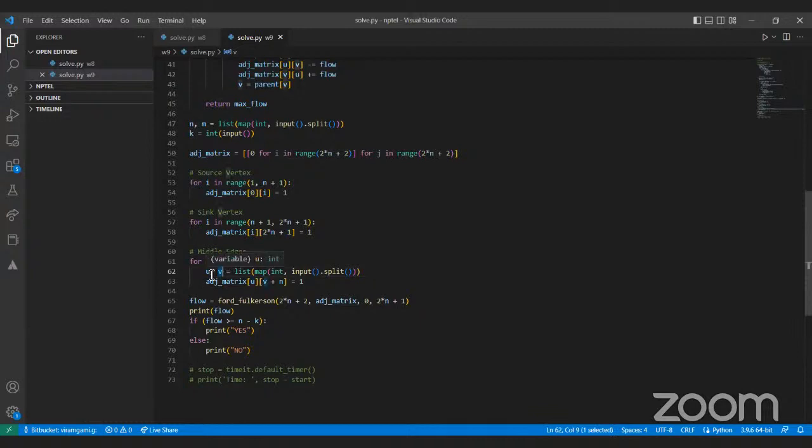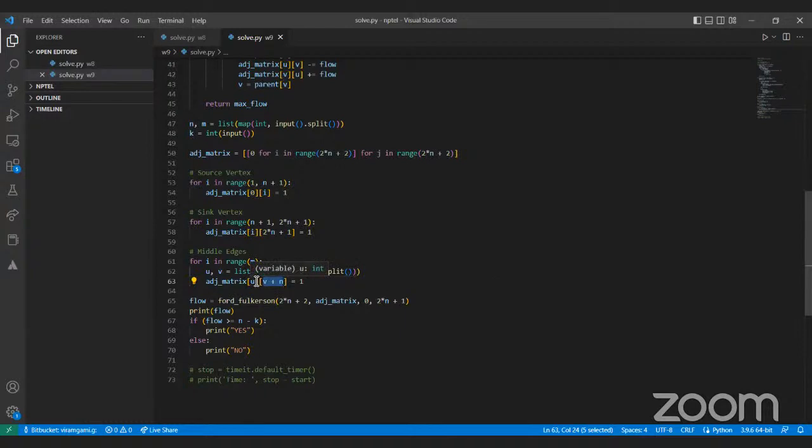U1 is in the type 1 partition, so it will be the same as U, but V2 is in the type 2 partition, which runs from n plus 1 to 2n. So I need to add the offset of N, V plus N, to represent it. Vertex V represents type 1 V1, and vertex V plus N represents V2 in the type 2 partition. So I have made an offset of N between the type 1 and type 2 partitions.